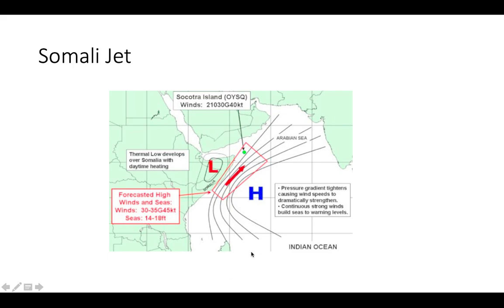So high pressure और low pressure का difference जितना ही ज़्यादा होगा, stronger the Somali jet will form. Is this clear or not? Again, this TE jet as well as the Somali jet is there in the summer monsoon. In winters there is no more presence. That's the reason why it is a temporary jet stream.